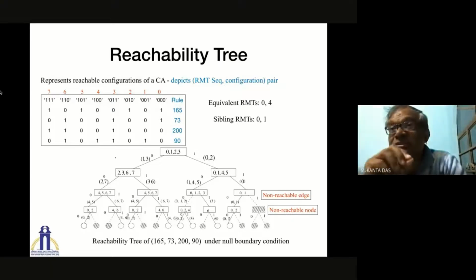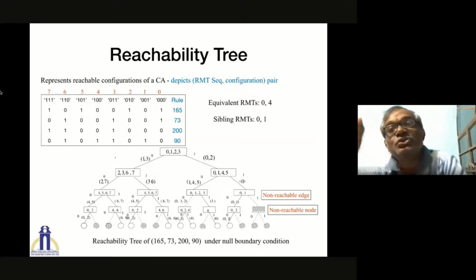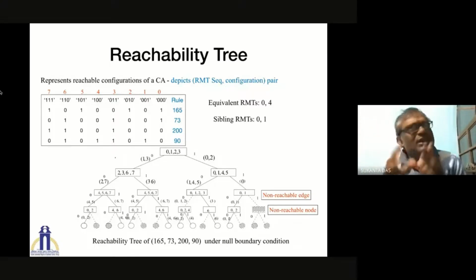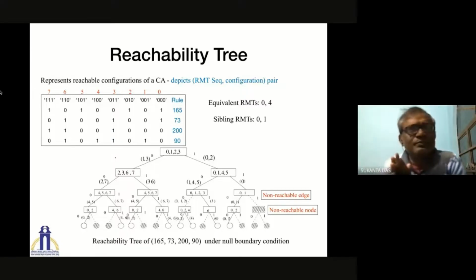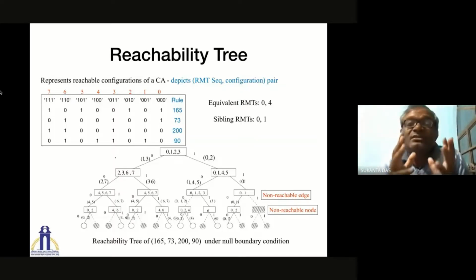In my tree, whenever 2Ri comes, 2Ri plus 1 is also there. Obviously some mod is there. They are siblings of each other. They are placed simultaneously in a node, so we name them sibling RMTs.